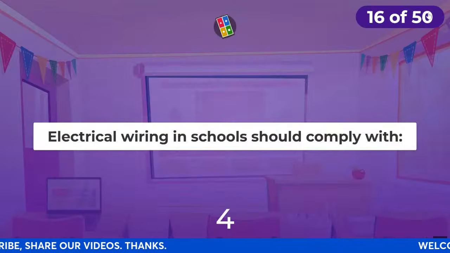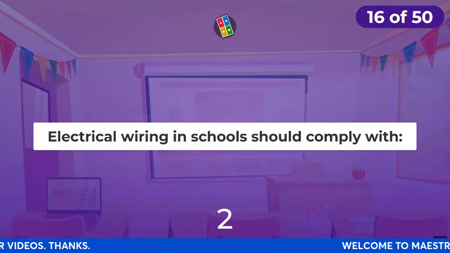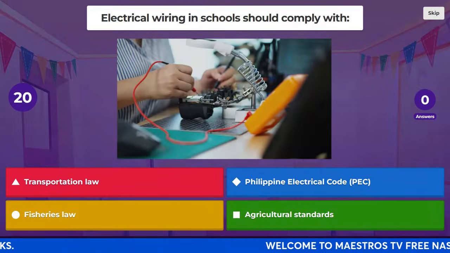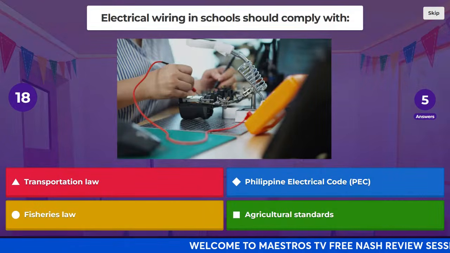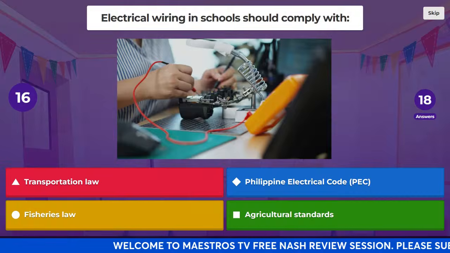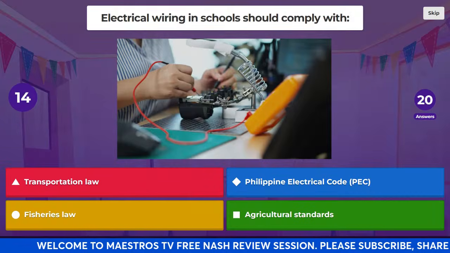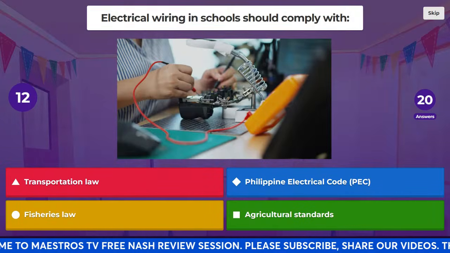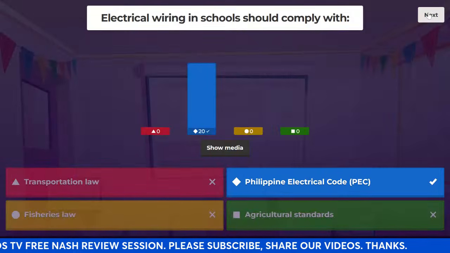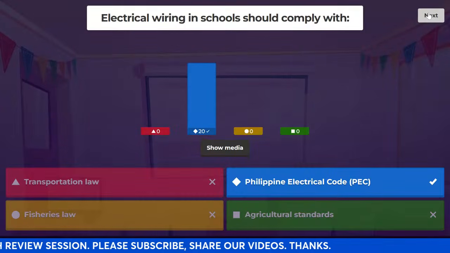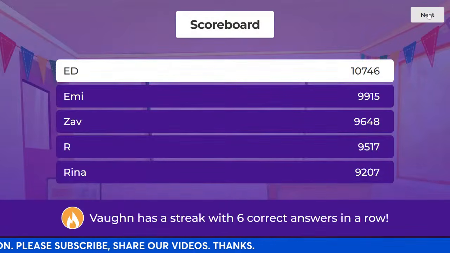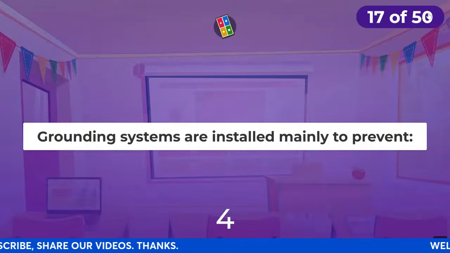Okay. Electrical wiring in schools should also comply with pabilisan ng pag-click para malabanan nyo yung mga top 5. Philippine Electrical Code. Still, no names are included yet.